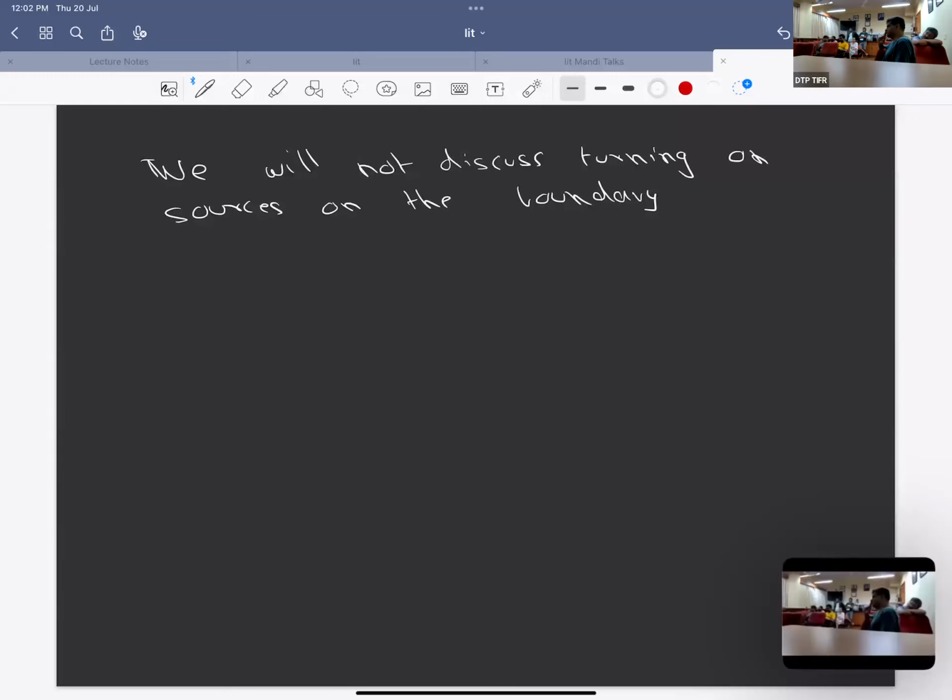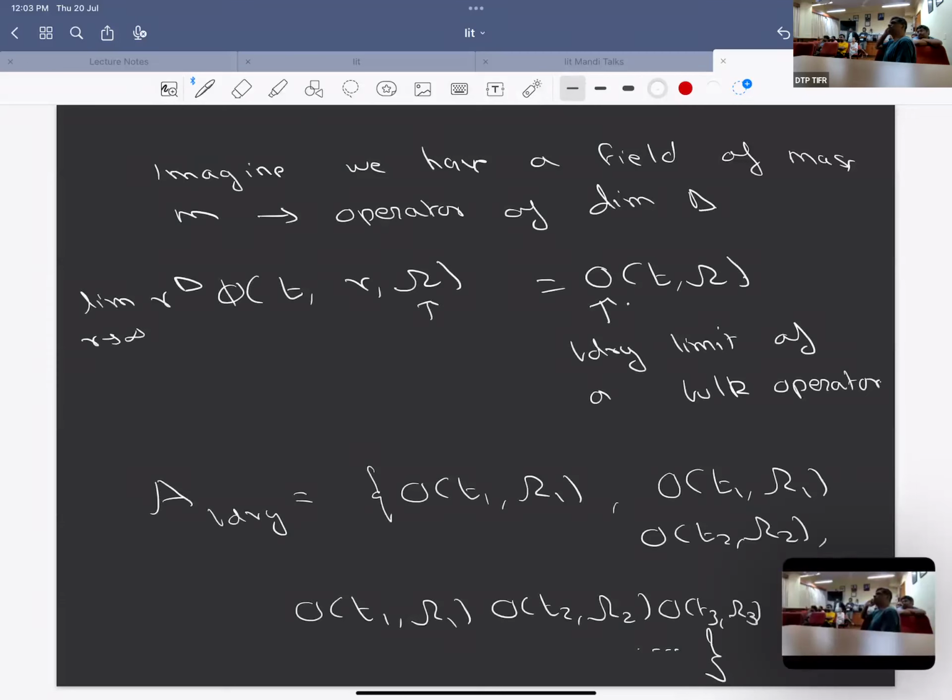Hi, Suvrat. Can I ask you a question? Yeah, sure. It's probably a technical point. If you could go back to the previous slide. This one, yes. It seems that your operators are local on the sphere, but I presume that you have to work in terms of spherical harmonics, right?